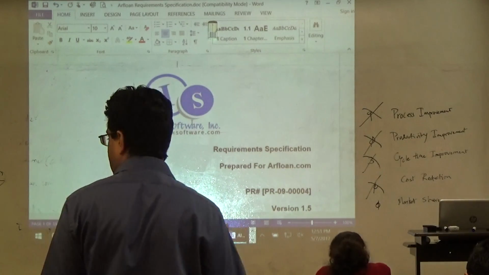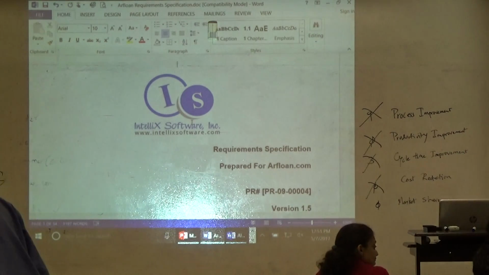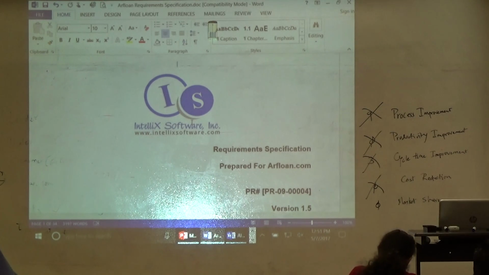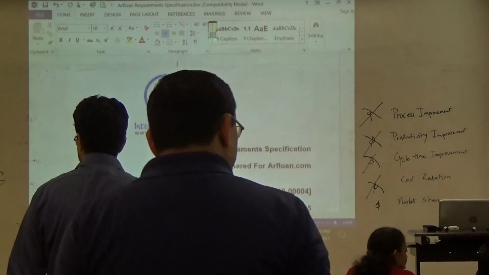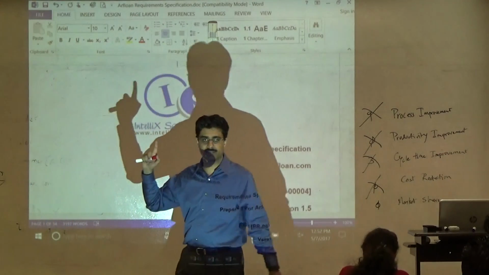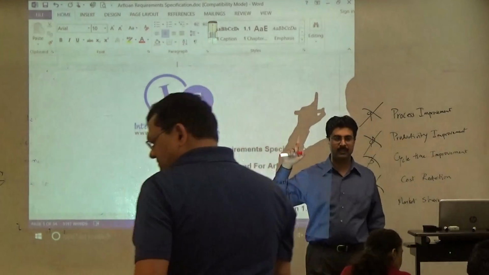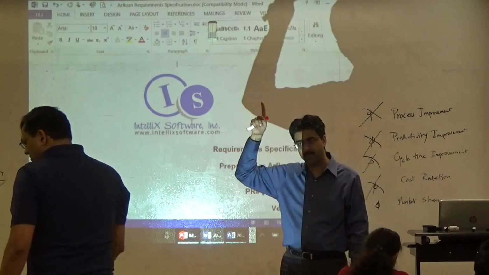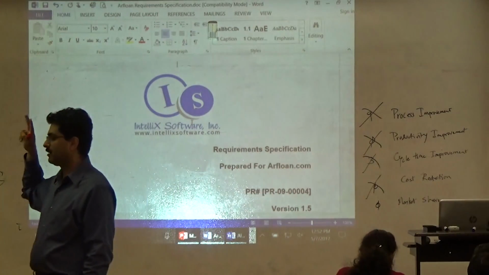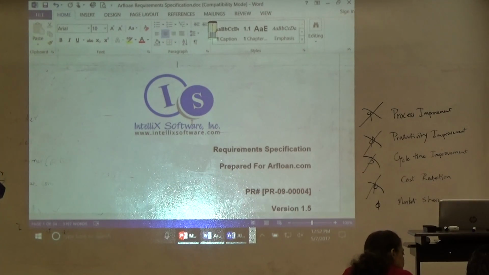Did everybody find both the documents? Raise your hand if you're not able to find those two documents. Not the test plan. You just want your requirements and the system design document.